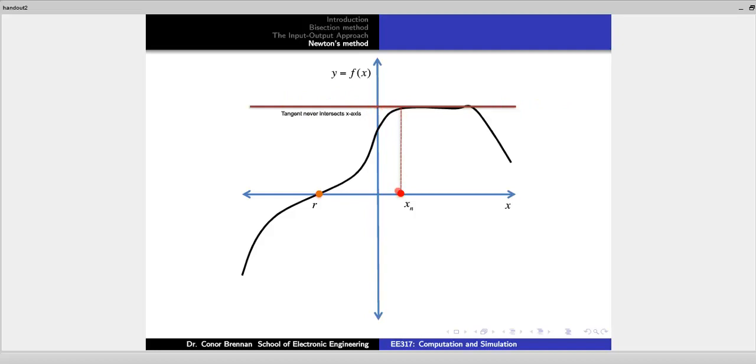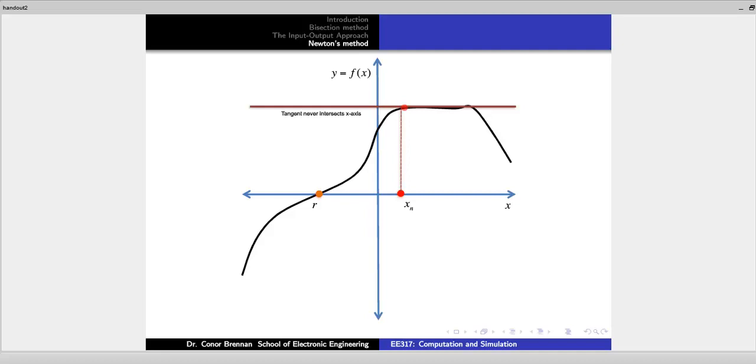So if it has slope 0, remember graphically what we're doing is we're finding an updated estimate. Well, if the tangent is horizontal, we slide down the tangent. Where do we go? We just slide off to infinity. We never slide all the way down to the x-axis. So this just never intersects. Okay?